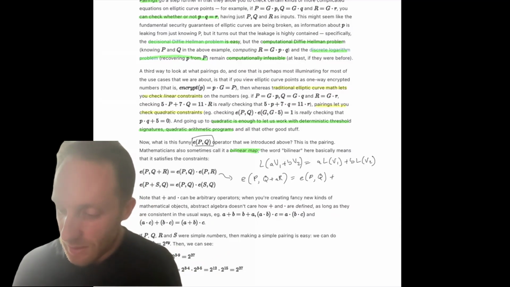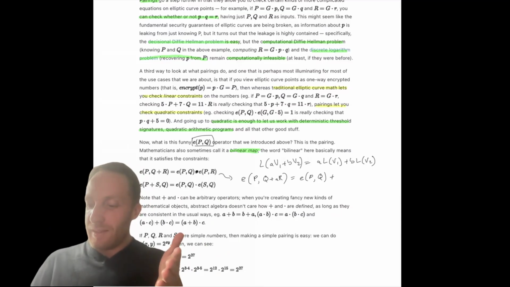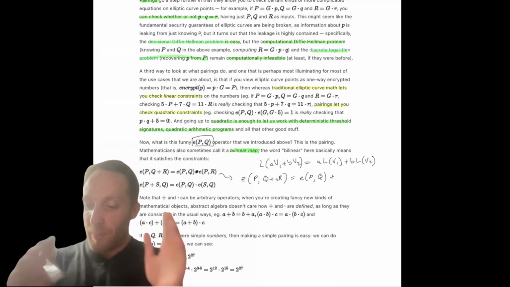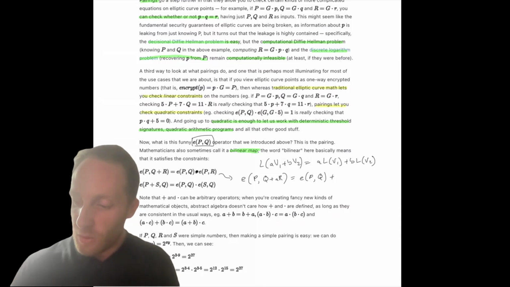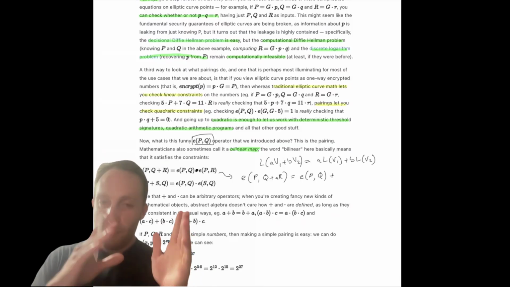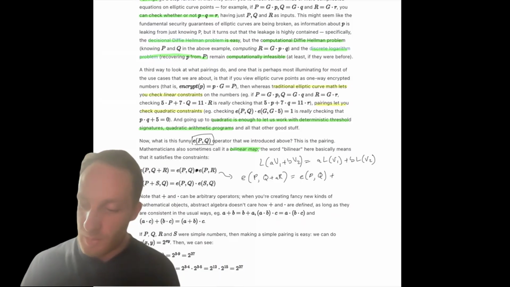He uses times here, right? He's decided that for the base groups, the groups that are here, he's using plus, but in the target group, where the pairing maps to, he's using multiplication.